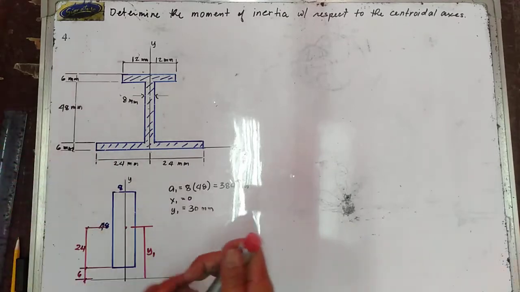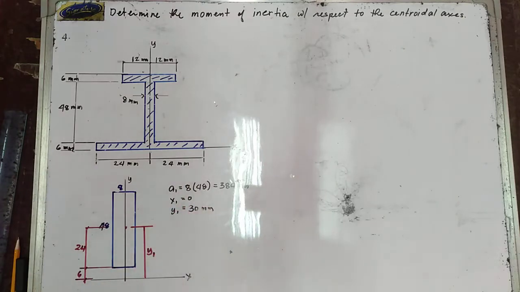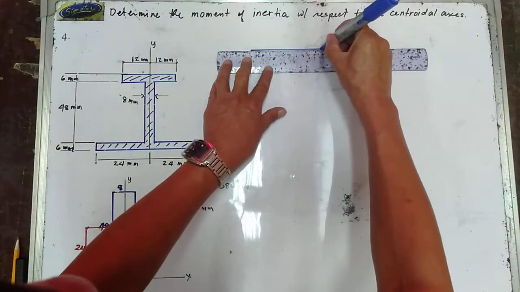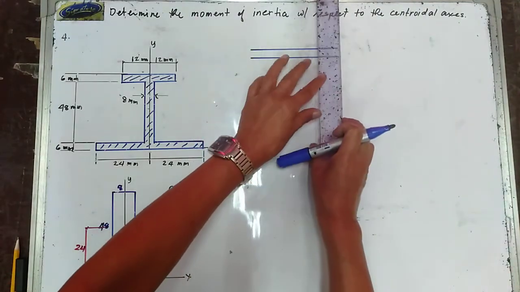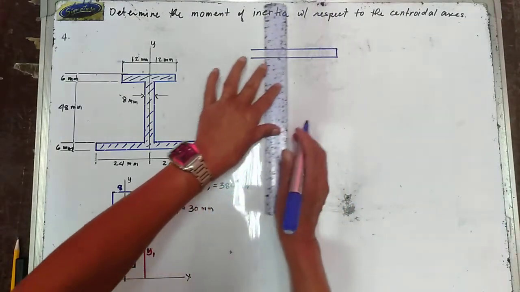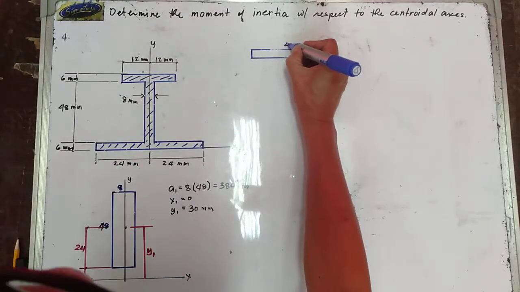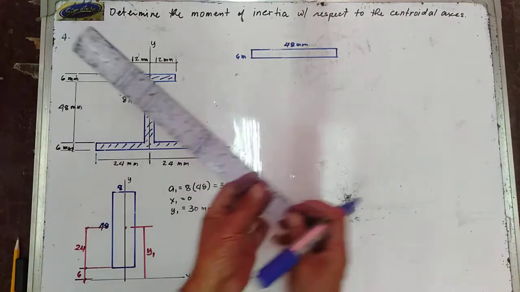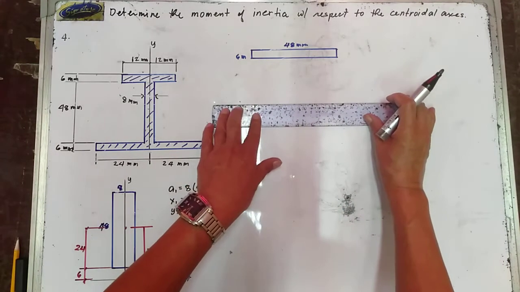Now let us proceed to the second area. I'm going to consider this one in here as the second area. So for area 2, we have 24, so this is 48 millimeter. This one in here is 6 millimeter. So again, we have the x-axis.